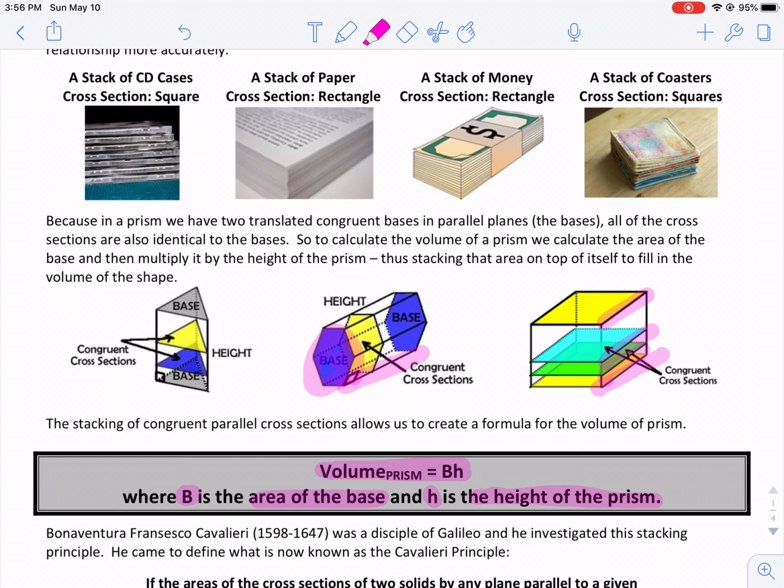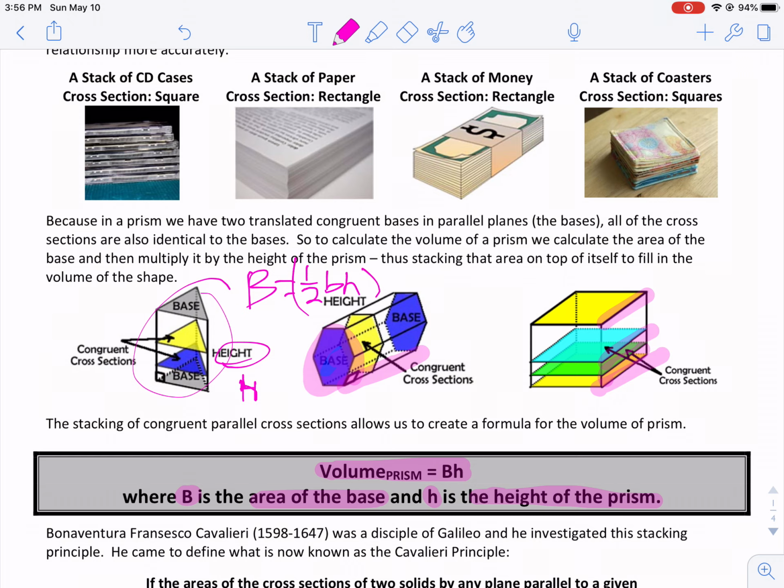So if we have this triangular prism right here, our big B is going to be the same thing as 1/2 base times height. It's just going to be the area of a triangle. The height of the prism, we're going to multiply times that whole thing.